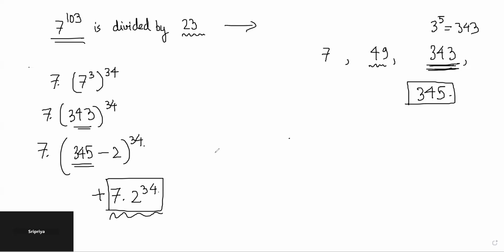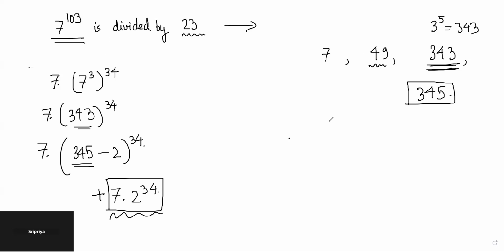So 2 cube is 8, 2 power 4 is 16, then 32, then 64. Then we have 128, and then 256. 23... 64 and 69 are close. That's not close enough. 2 power 34.